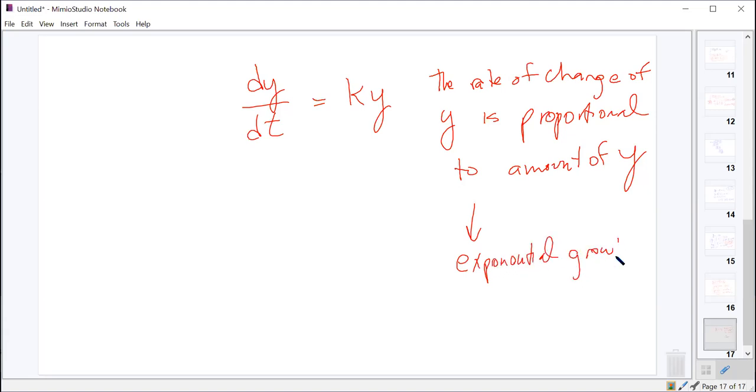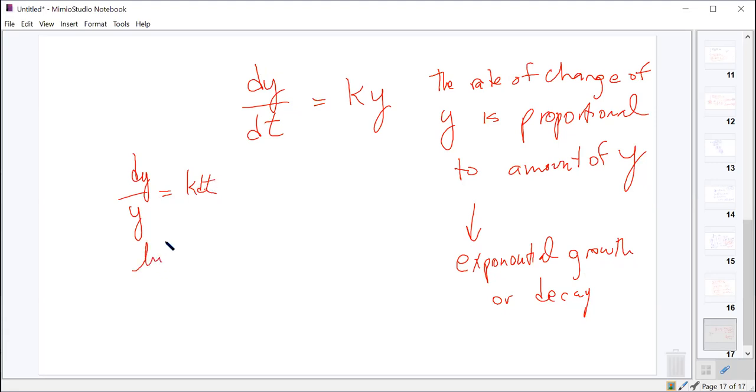Right? Anytime you see dy dt equals ky, not kt, because if it was kt, it's not exponential growth or decay. It has to be the same variable that's up in the numerator. Those have to match up. Then it's exponential growth or decay. Growth if k is positive, decay if k is negative. And we know that we could separate the variables on this. Dy over y equals k dt.